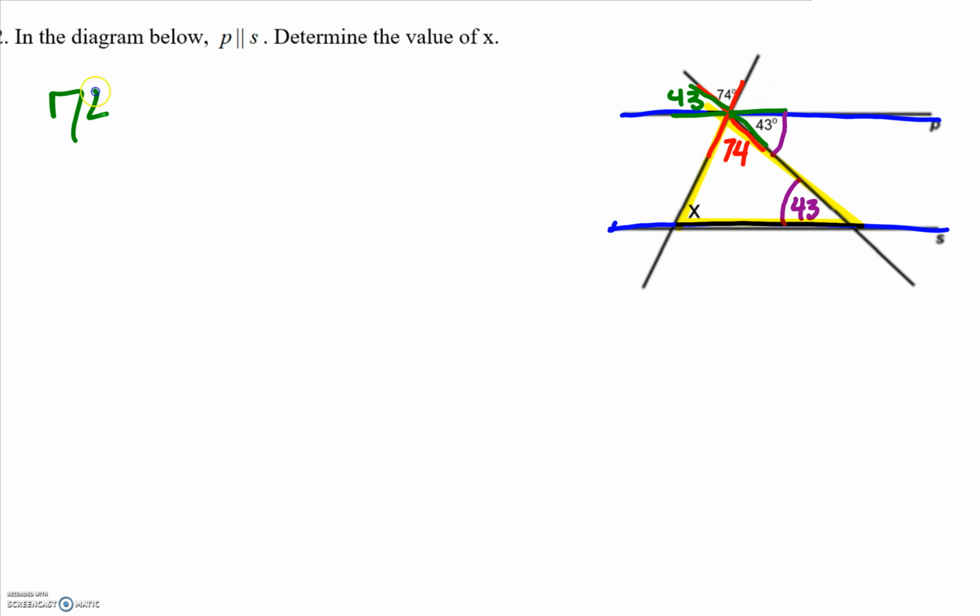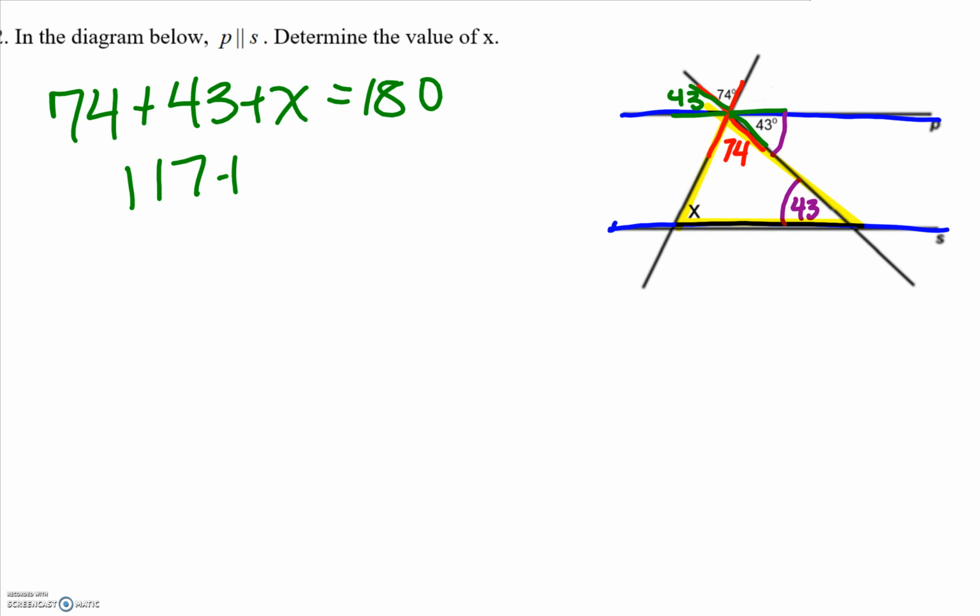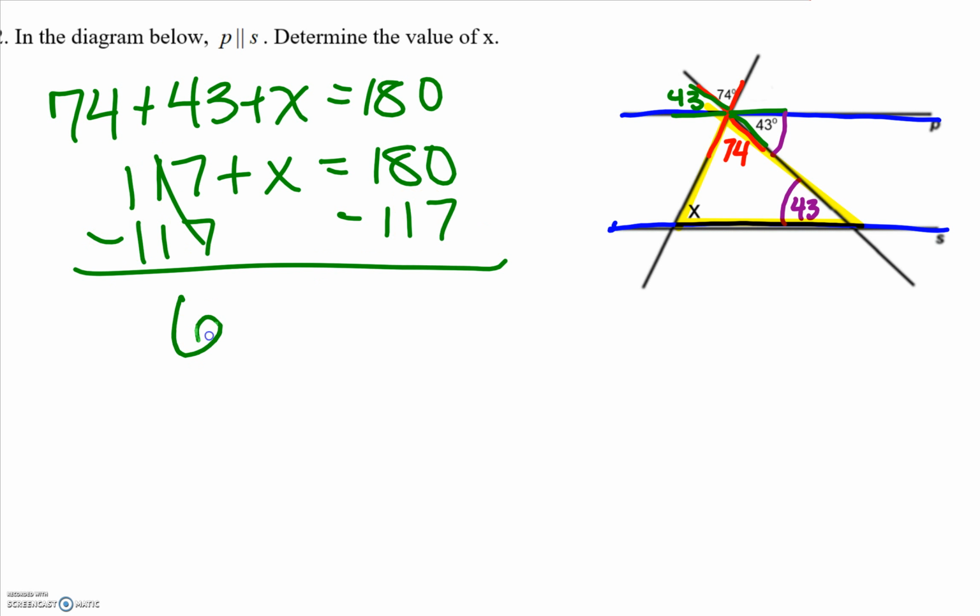So we could do 74 plus 43 plus x equals 180. 74 and 43, when you add them together, is 117, plus x equals 180, minus 117, and x is equal to 63.